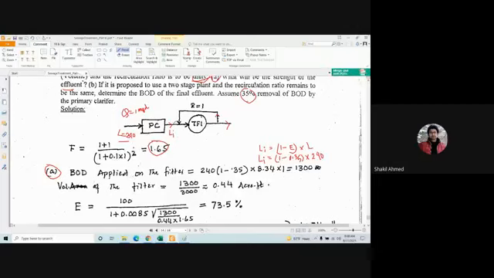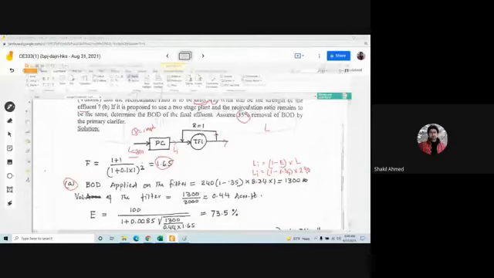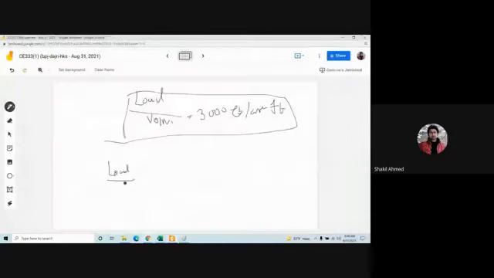Now, BOD load applied on the filter. As I told you, load per unit time is what, guys? Load per unit time equals L into Q, or rho into Q, whatever you call it.